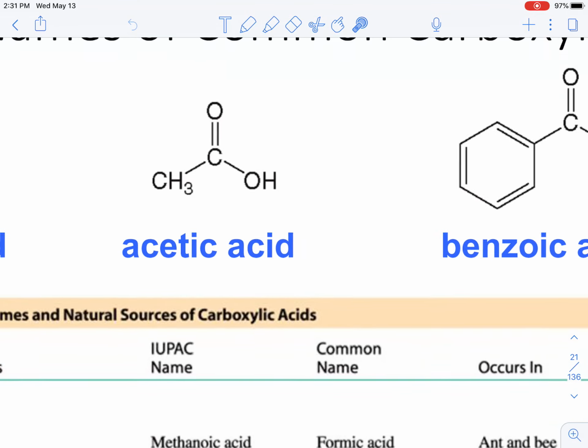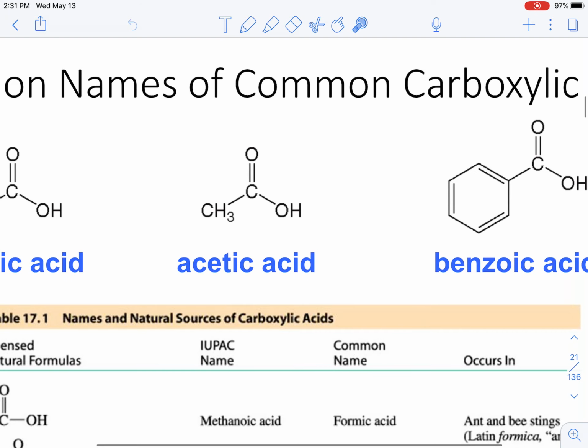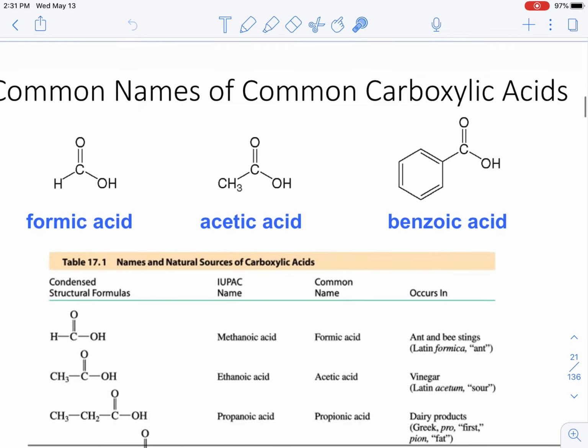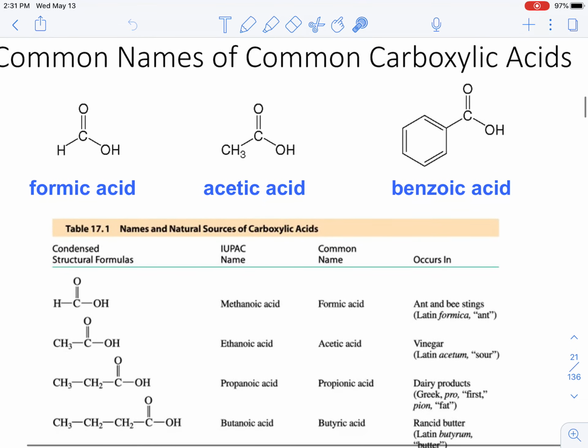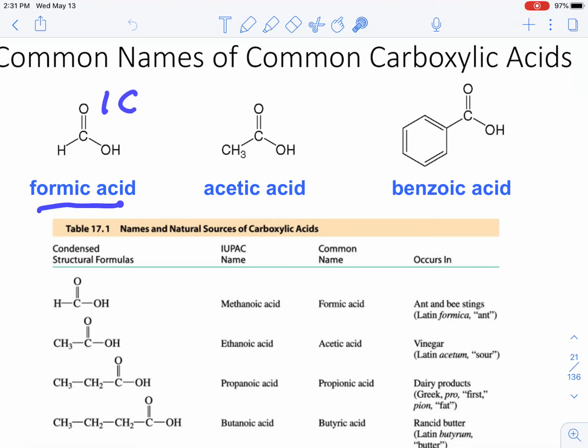Overall, there are 3 common carboxylic acids that you should be familiar with: a 1 carbon carboxylic acid, a 2 carbon carboxylic acid, and a carboxylic acid that's covalently bonded to a benzene ring.